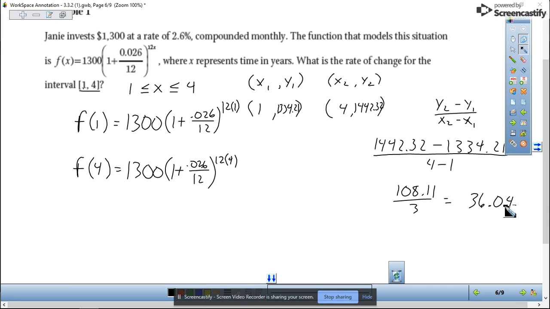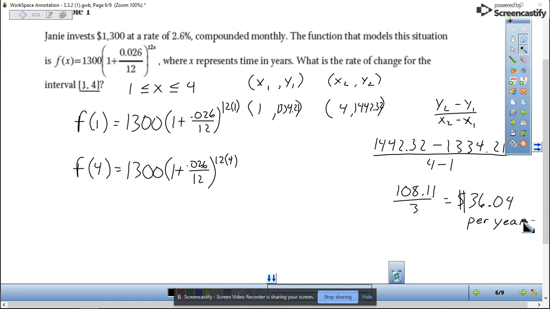Now, since we had context for this problem, we need to make that answer make sense in context, which is what was going on here, right? What was the original problem? Okay, it was investing money, and it's over the number of years. So there is $36.04 per year. All I need from you is the context, right? So per year. I'm not asking for a sentence right now or you to explain what that means.